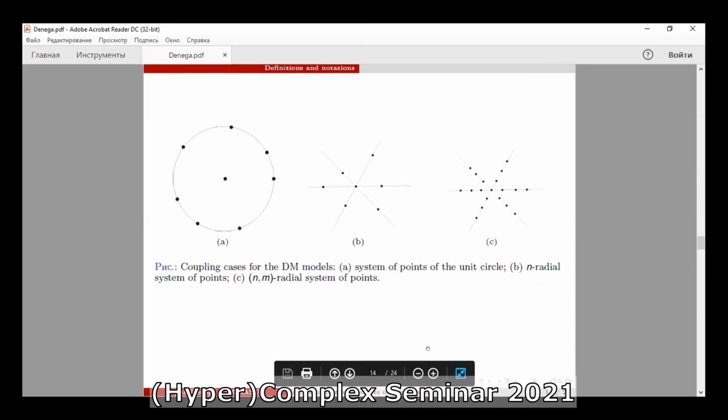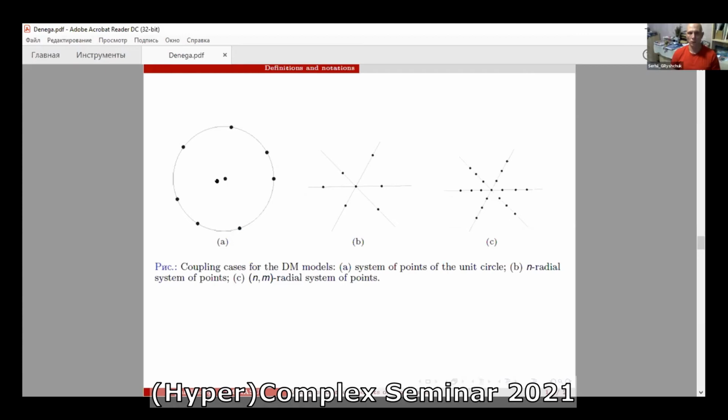In previous works, we considered a system of points on the unit circle or a circle of radius r. This situation we have on picture A. We considered n-radial systems of points, when we have n rays and each ray has one point, picture B.